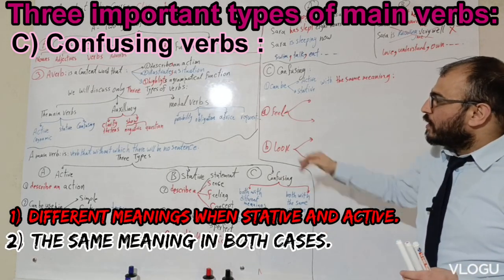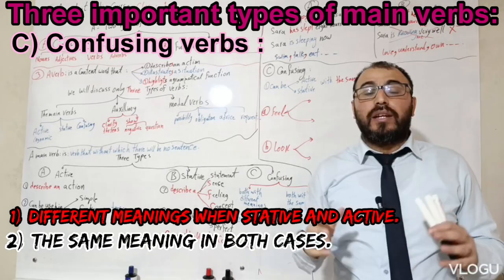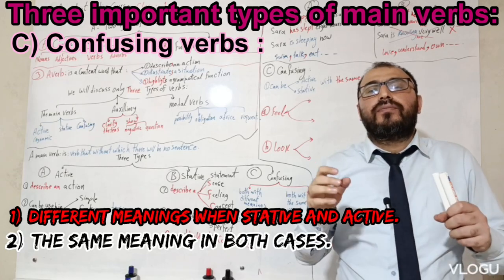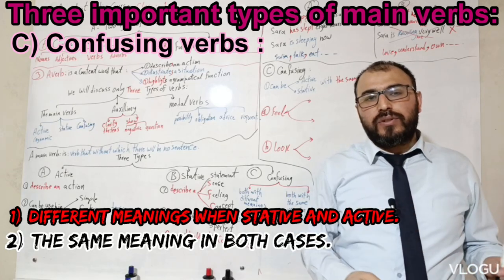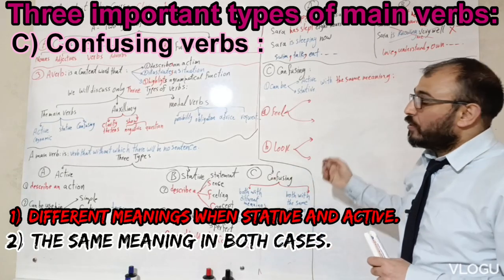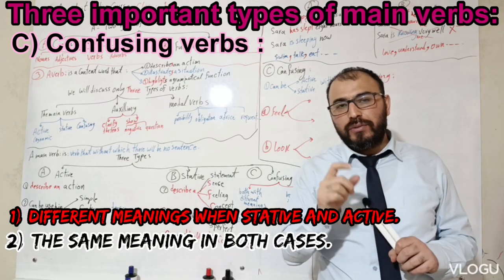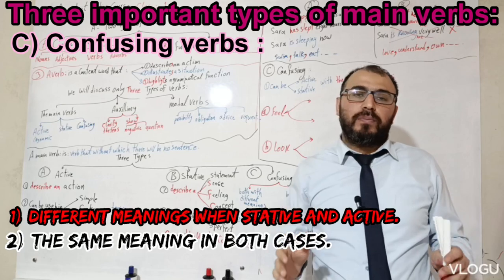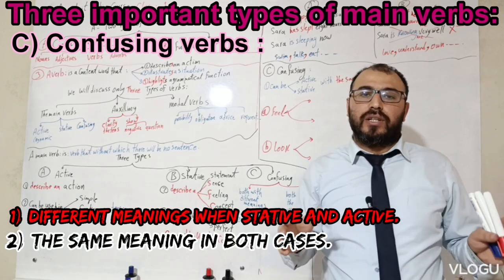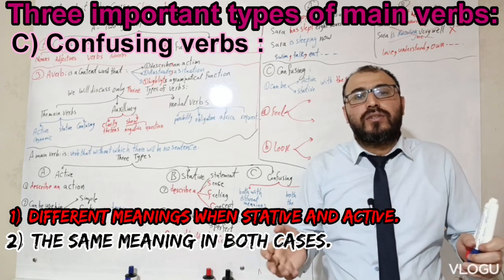Let's take two examples only, and again, my friends, you can always go and read some grammar books to learn more about those. And I recommend a book called Grammar in Use by Raymond Murphy. In my opinion, this is the best grammar book in the world that has been made so far.